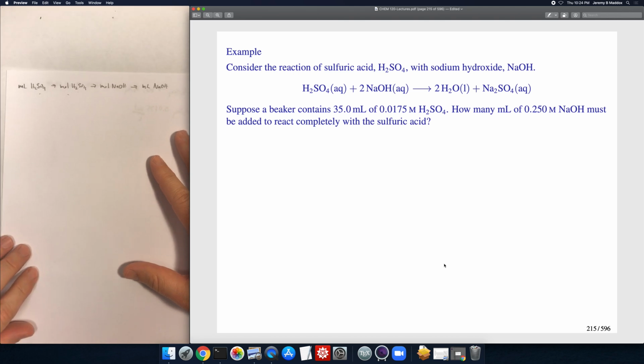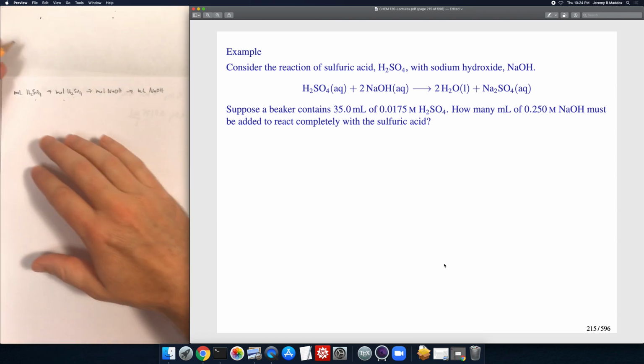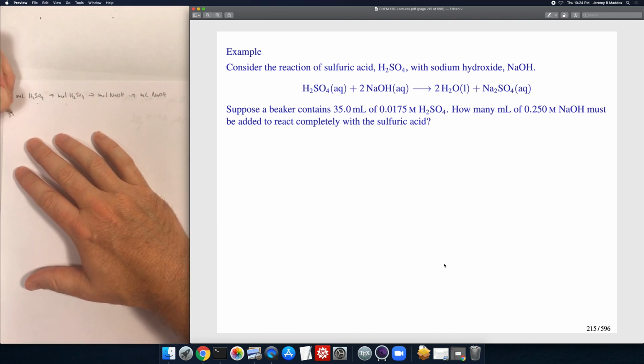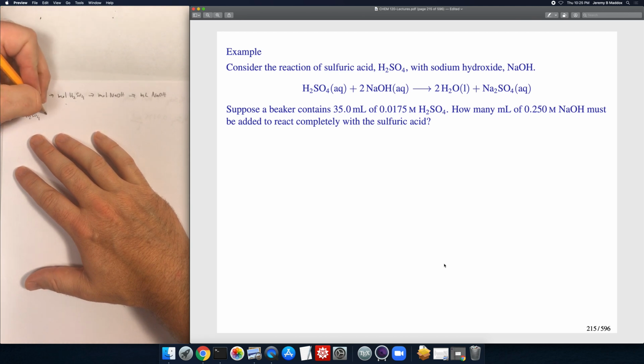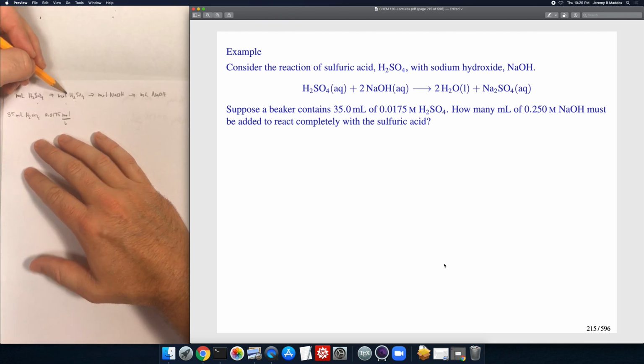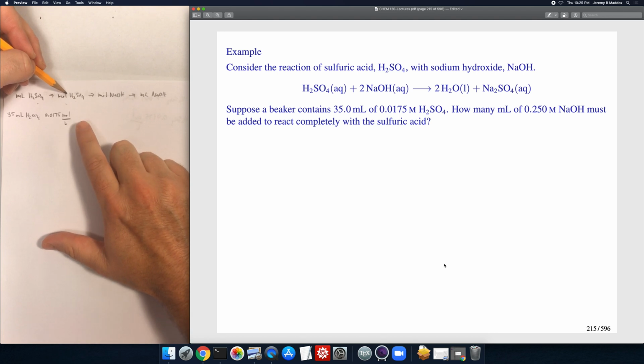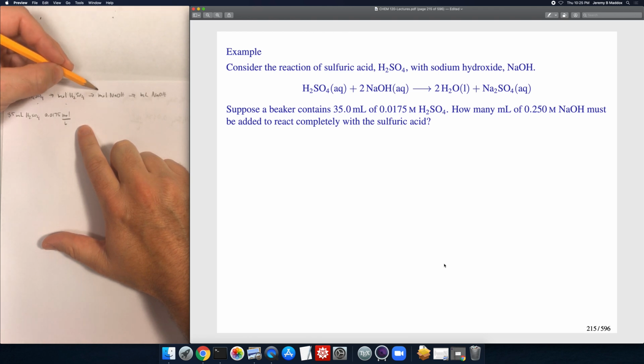Okay, so let's start with the 35 milliliters of the sulfuric acid, and we're going to multiply that by the molarity of the sulfuric acid solution. Okay, so this is going to give us moles of sulfuric acid. Then we're going to use the stoichiometric coefficients in the chemical reaction to convert from moles of sulfuric acid to moles of sodium hydroxide.